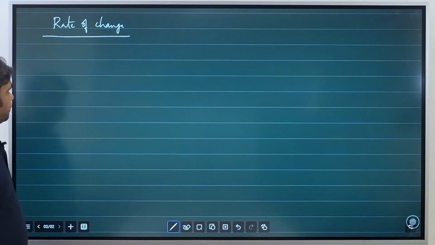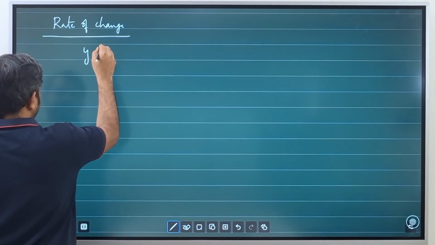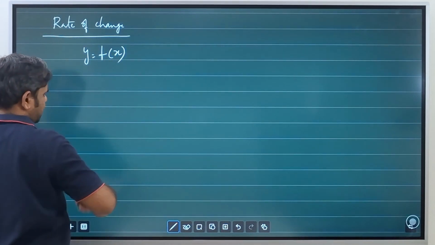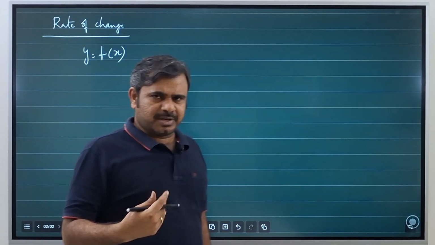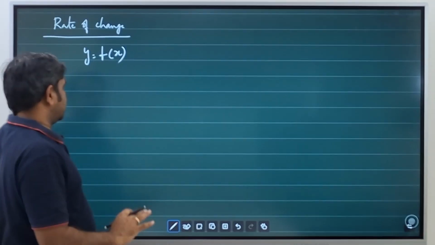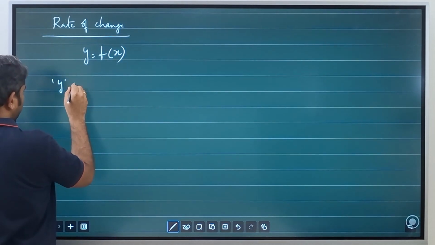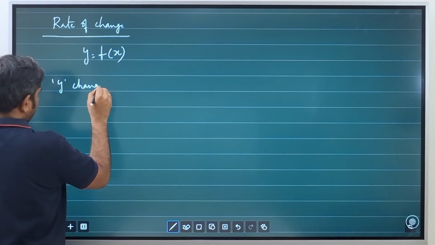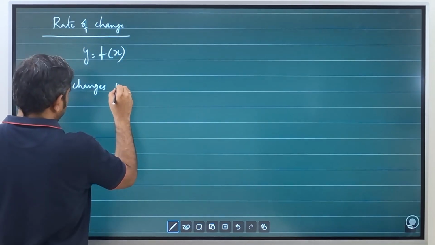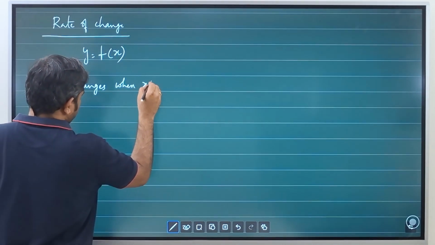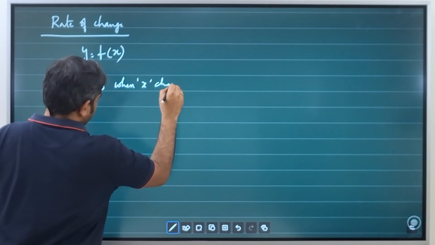That's what I said. Let's take a function, any function. It could be an algebraic function, trigonometric function, logarithmic function. Take whatever function you like. Let's say y is a function of x. y changes when x changes. That's what it simply means.